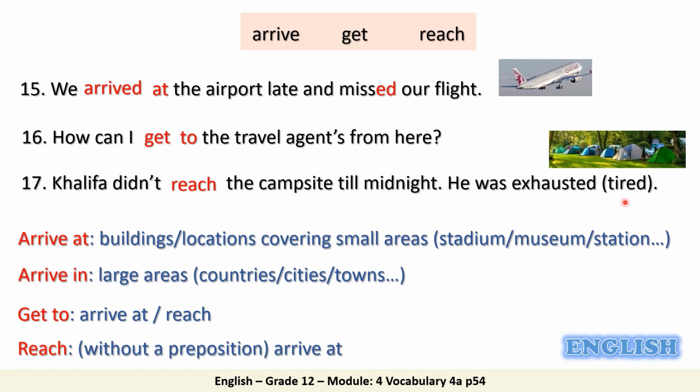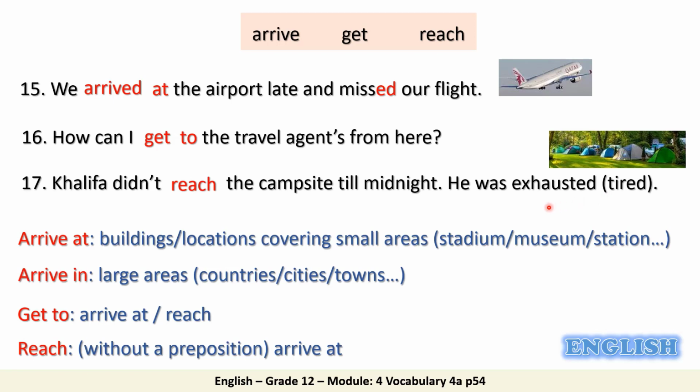Exhausted means extremely tired, but the difference is that the adjective tired is a gradable adjective. A gradable adjective means that I can use modifiers before this adjective. I can say I'm a bit tired, or very tired, or extremely tired.